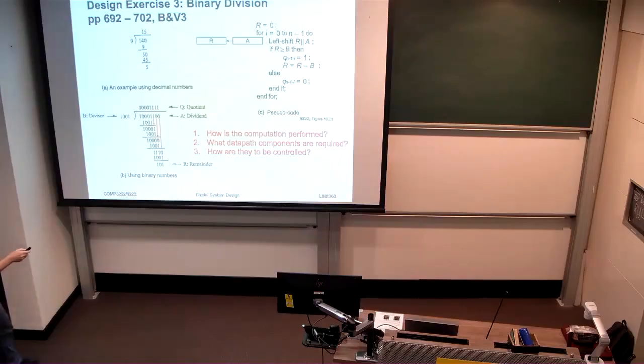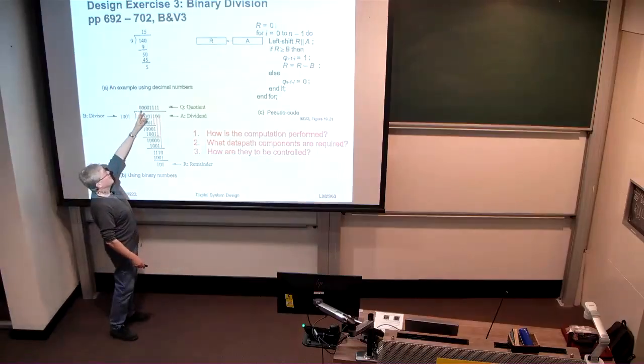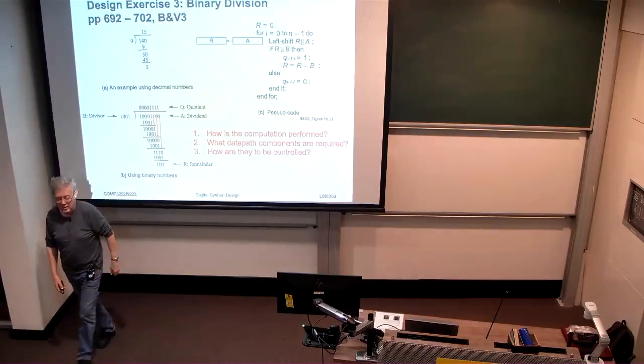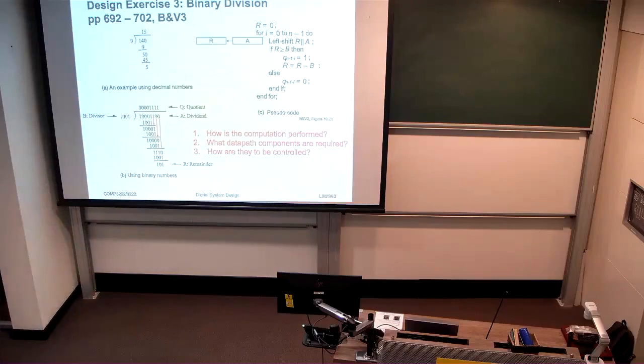Otherwise, if R is less than B, well then we can't subtract B away from R, and therefore we shift in a 0 into that bit position of the quotient. So that's what happened here in these leading bit positions up here. Is that all good? Any questions on this so far?